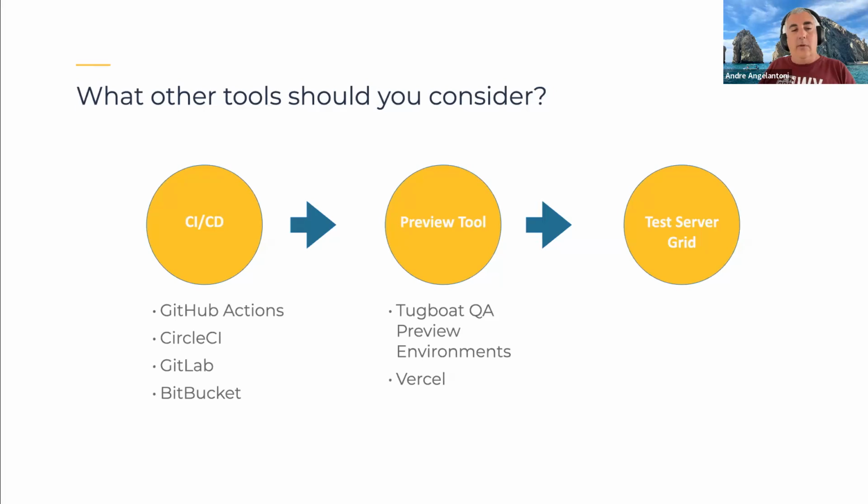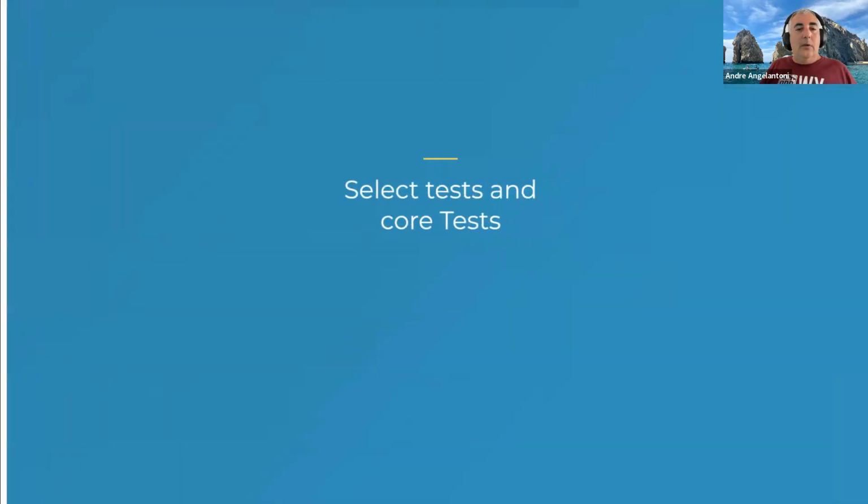I can't recommend enough adding preview environments to your processes right away. And then, I would say look for some sort of test server grid, because you don't want the effort of setting up 8 different containers, and it's just a lot of work. I think they pay for themselves.